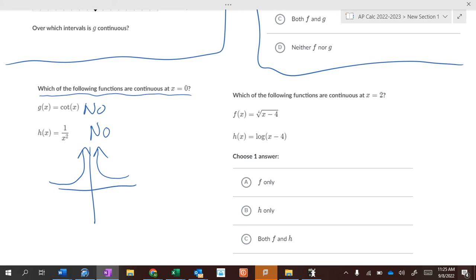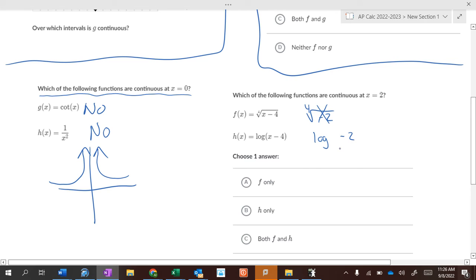What about being continuous at 2 for this one? What's 2 minus 4? -2. Can you take the fourth root of -2? No. What's the log of 2 minus 4? What's the log of -2?